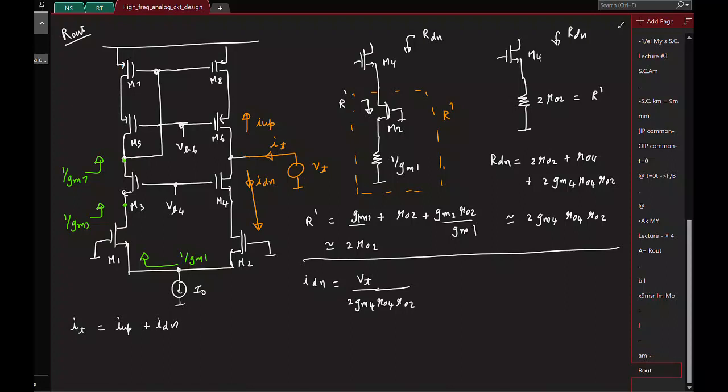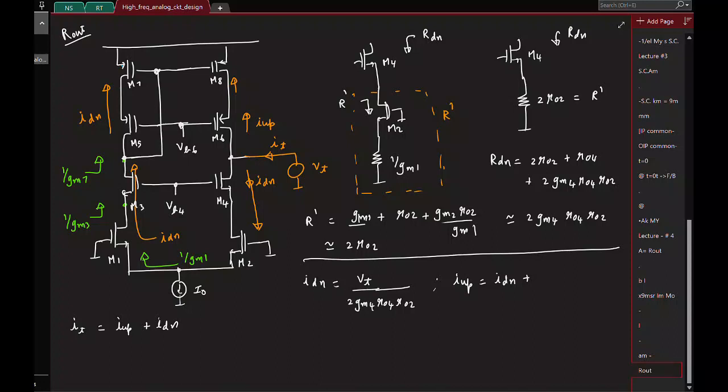This current again will have to flow up. So this is I down. I down will flow to the PMOS side also. It will get mirrored onto this side. So I up will also have a contribution from I down. Plus you will also have a current flowing through the resistance connected at the drain and source.